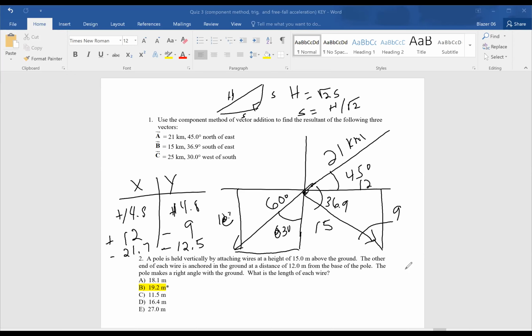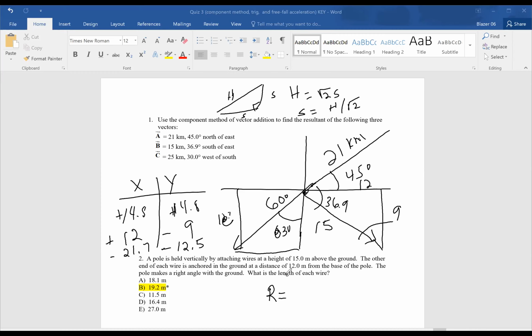Now, to get the answer, you must look at the question. It says use the component method, that's what this is, of vector addition to find the resultant of the following 3. So the answer you want to give here is the magnitude of the resultant vector.